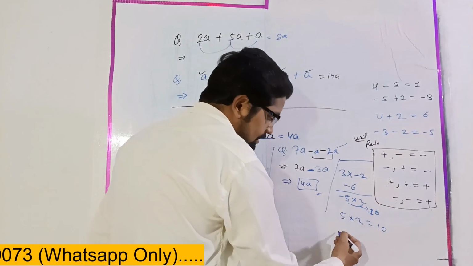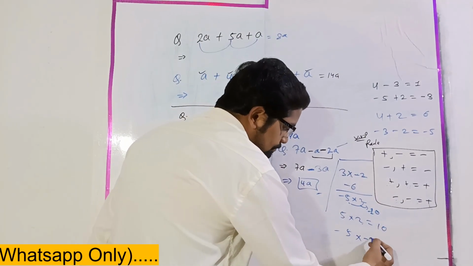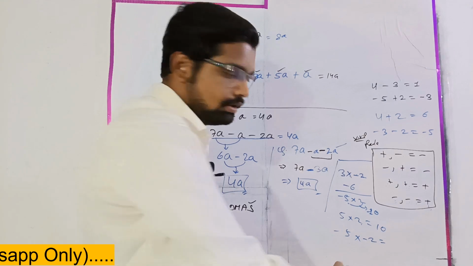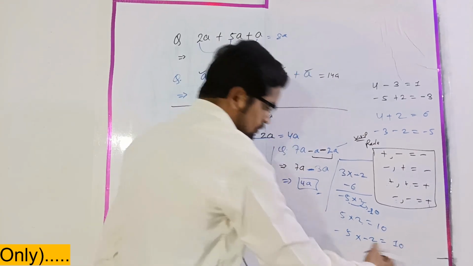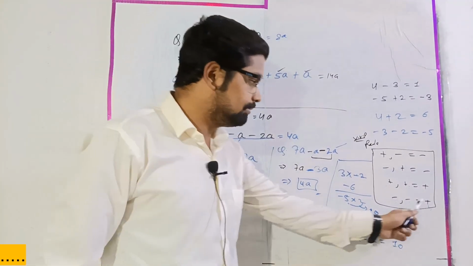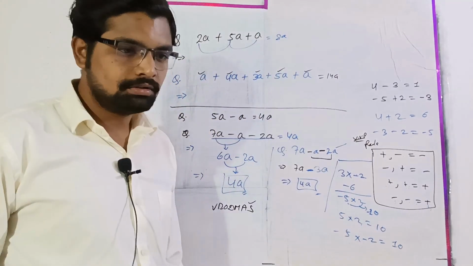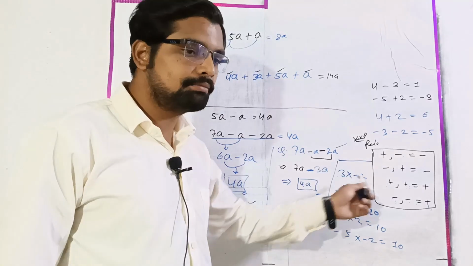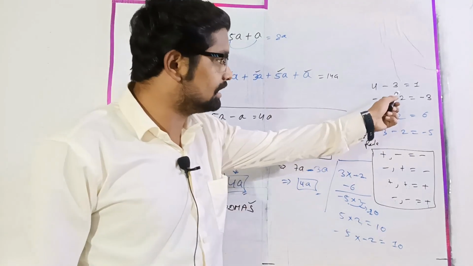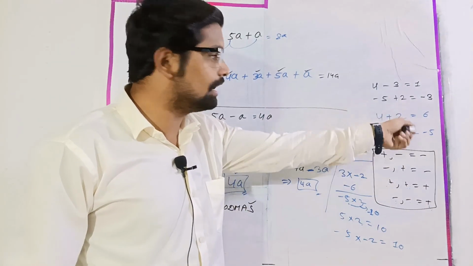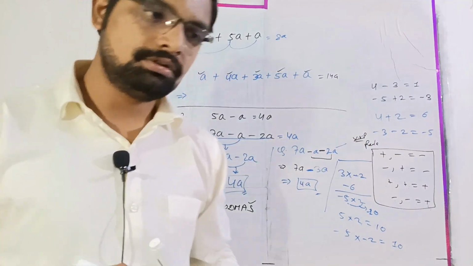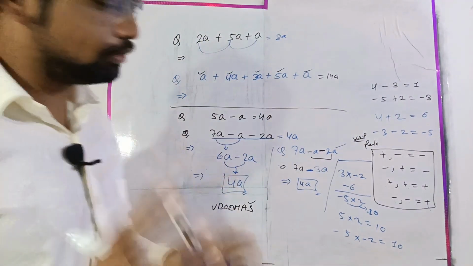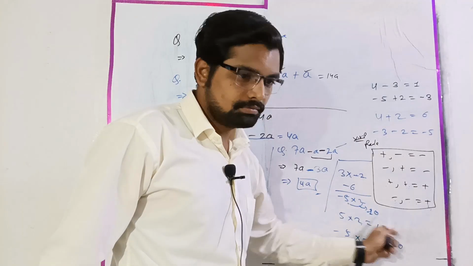For minus minus: minus 5 multiply minus 2, it will be 10, because the sign will become plus. So this was the sign rule for multiplication and division, and that was the sign rule for addition or subtraction.